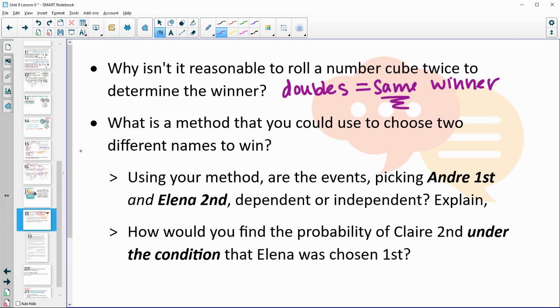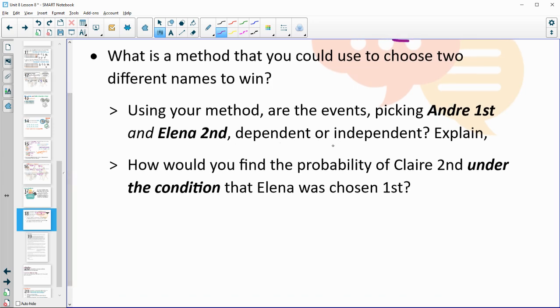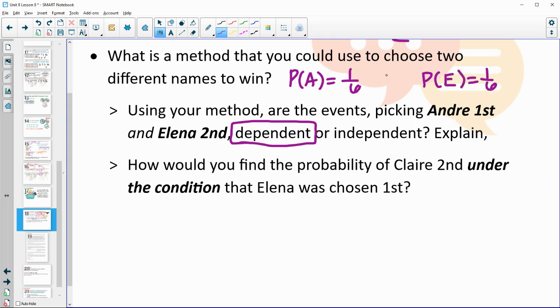So using your method, are the events of picking Andre first and Elena second dependent or independent? And how could you find the probability of Claire being second under the condition that Elena was chosen first? So these are going to be dependent events because the probability of selecting either of them, if we looked at the probability of Andre, would be 1 out of 6. In general, the probability of Elena would also be 1 out of 6.